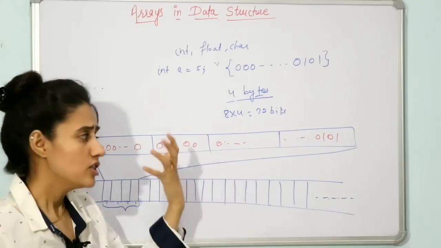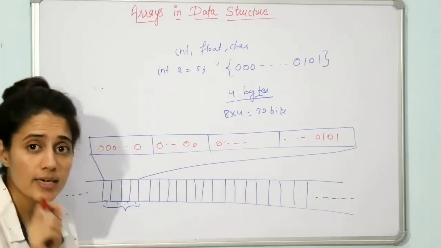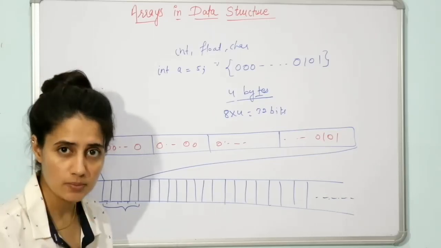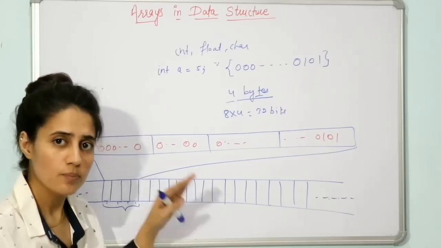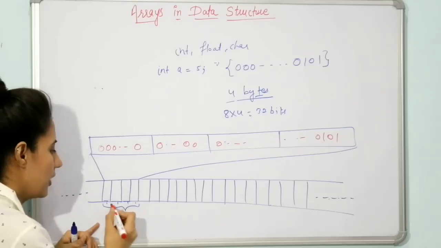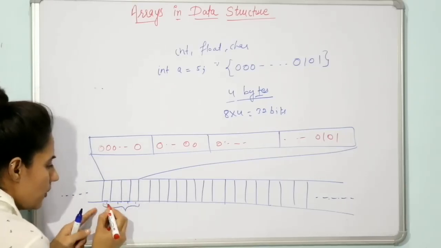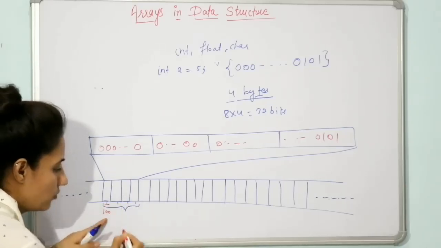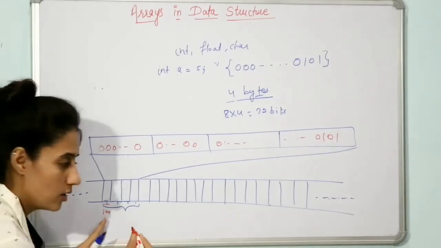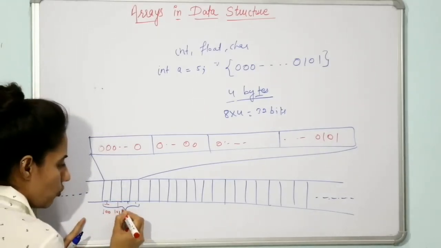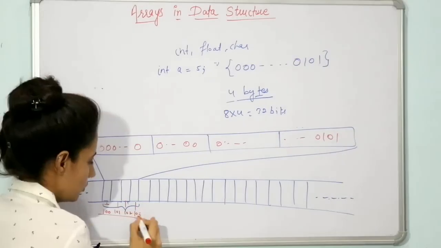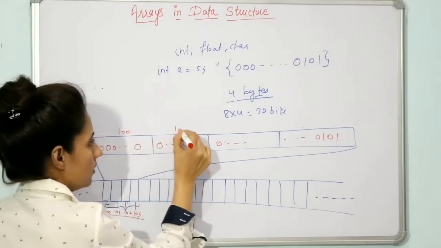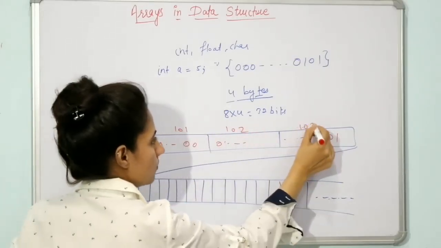Fine. Suppose, see, the address is always in hexadecimal form, but here for simplicity I am taking, let us suppose the address of this byte is 100. So the addresses of the bytes would be 100, 101, 102, 103.